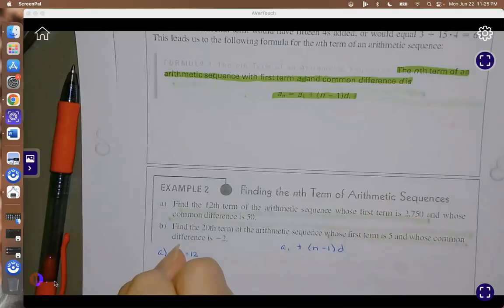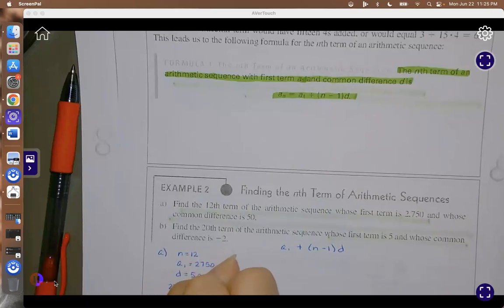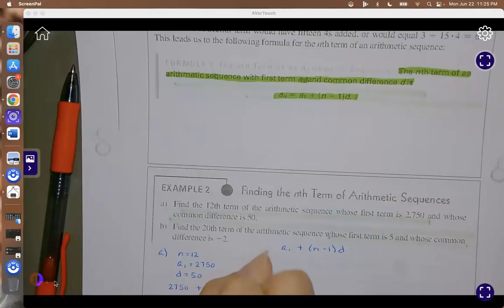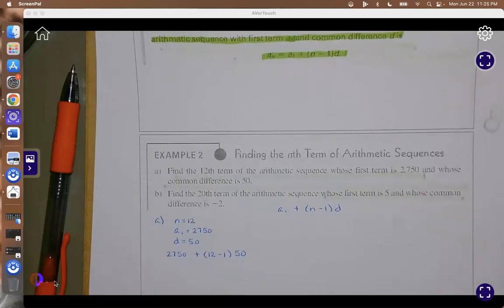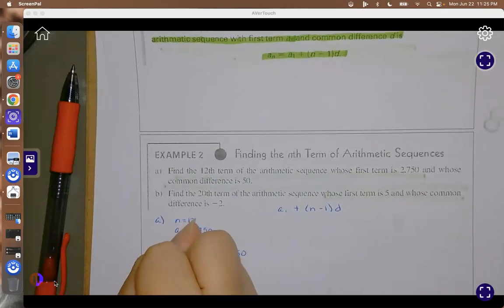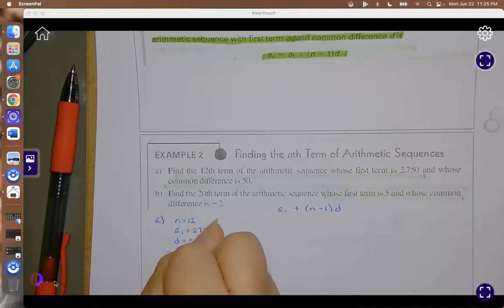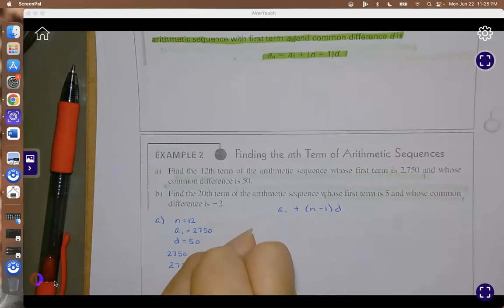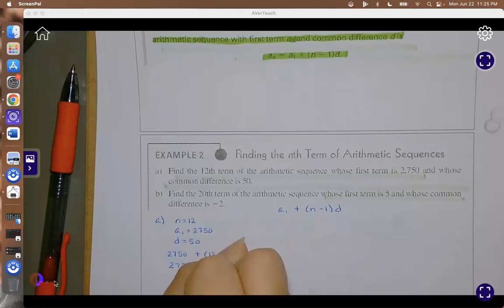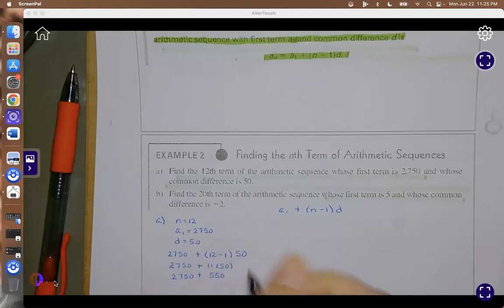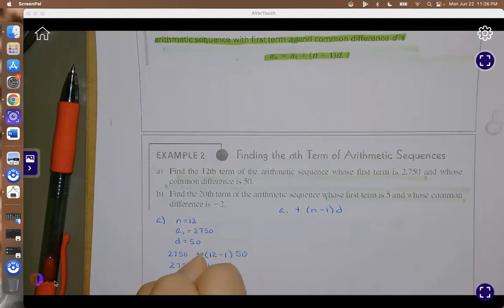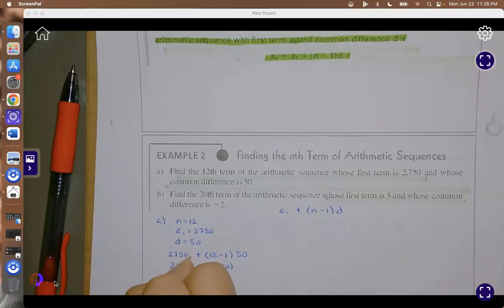So we do 2750 plus 12 minus 1 times d. Okay, so 12 minus 1 is 11. 11 times 50 is 550. 2750 plus 550 is 3300. So that's what the 12th term of that sequence would be.